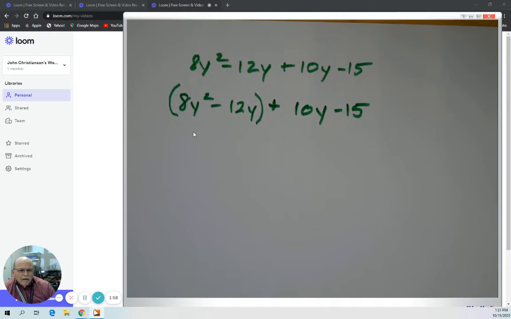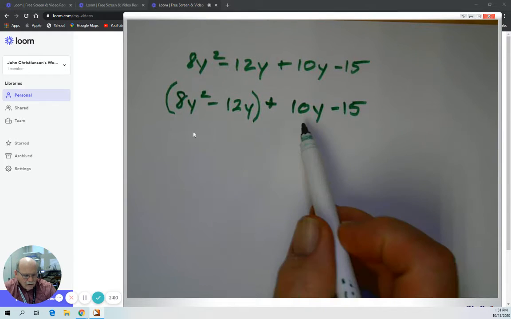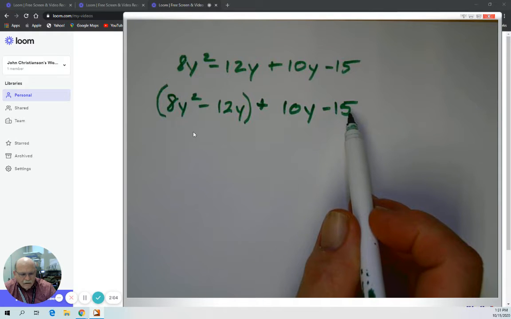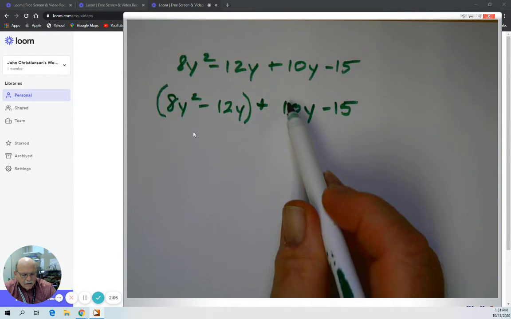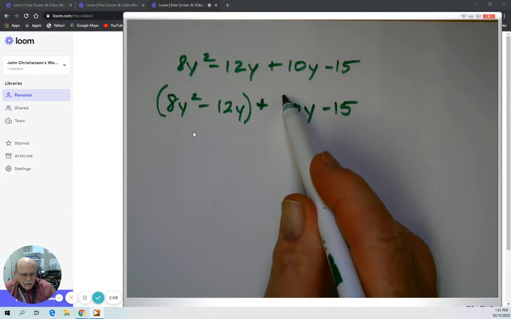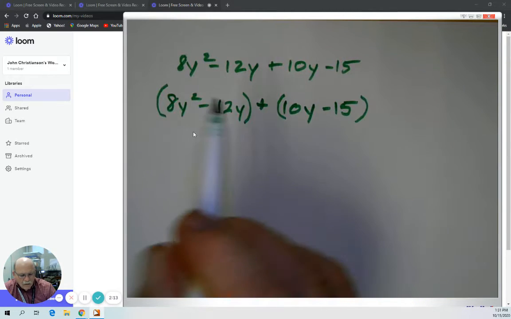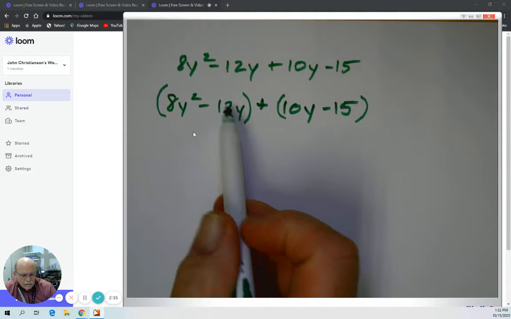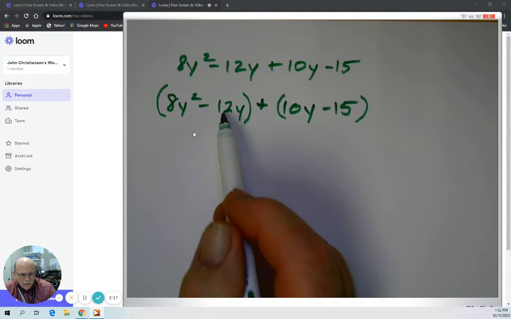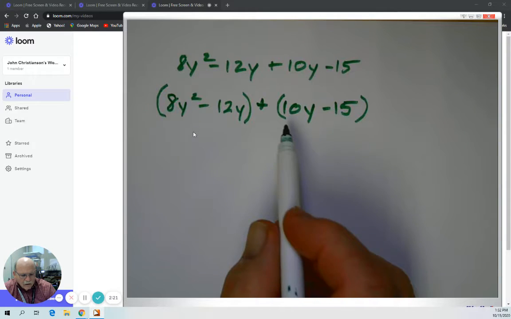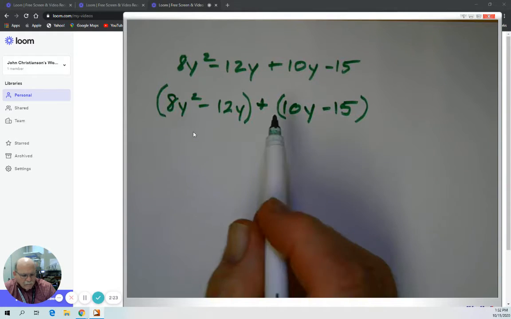Then I look at the next one. 10 and 15 have a common factor, right? So I'm going to put parentheses around this. And what I'm going to do then is treat these as two separate polynomials that I'm factoring, and then we'll bring them together.